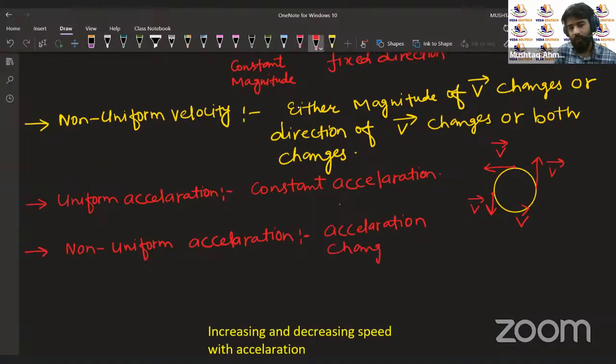Acceleration change means either the direction of the acceleration changes, or the magnitude of the acceleration changes, right? So uniform acceleration simply means acceleration is constant, and non-uniform acceleration means the acceleration changes.